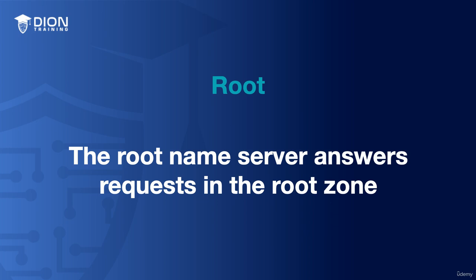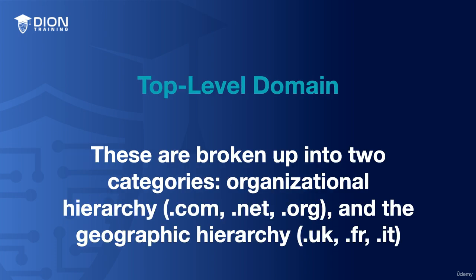These servers contain the global list of all top-level domains such as .com, .net, .org, .mil, and others. The second level down we have is the top-level domains. These are broken up into 2 categories: organizational hierarchy such as .com, .net, .org, and others, and the geographic hierarchy such as .uk for the United Kingdom, .fr for France, .it for Italy, and other countries.